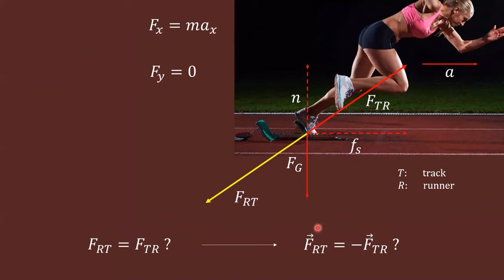When you say that one vector is the negative of another vector, that means it's got the same length. You've just turned it through 180 degrees. You flipped it around. That's what the minus sign does. So is that true? It seems like a reasonable assumption. I mean, what else would you conclude here? Is this yellow arrow going to point off in some other direction with some other length? That would be difficult to justify. This at least seems like the most likely explanation.